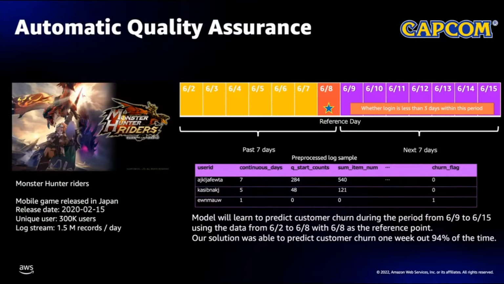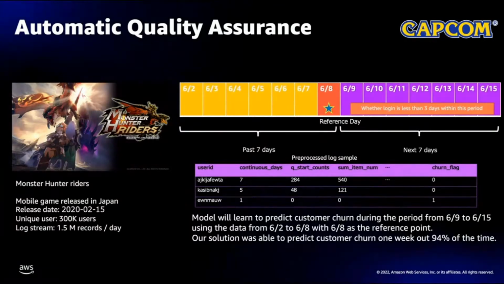In their case, they're looking at the past 7 days and the interactions and engagement of a user with this game. Based on the last 7 days, they're able to predict what will happen in the next 7 days. And the way they define churn is that if a user, out of those 7 days, logged into the game less than 3 days, then it effectively means for them that the customer has churned.